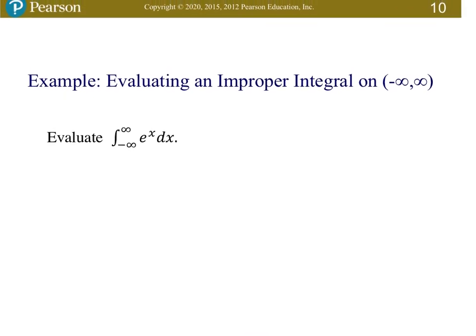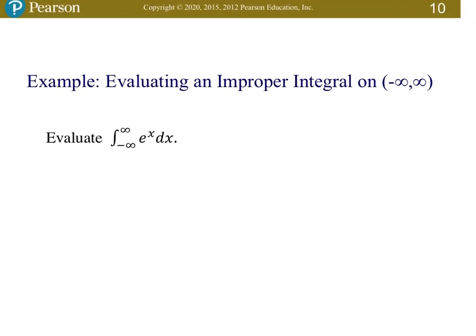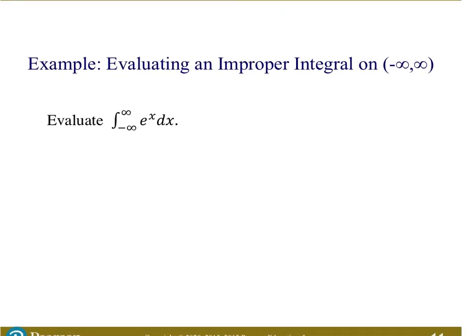All right, let's look at the integral from negative infinity to positive infinity of the exponential function e to the x. So we'll have to replace both bounds here, and we're going to pick an arbitrary value that's defined. I could pick 0, 1, it really doesn't matter. I'll just pick 0 because it's right in the middle.